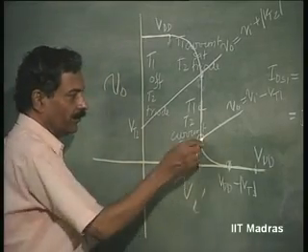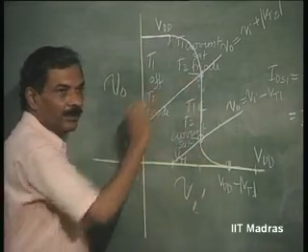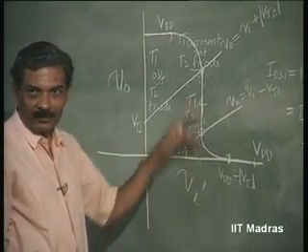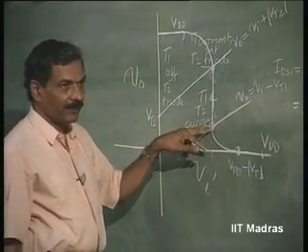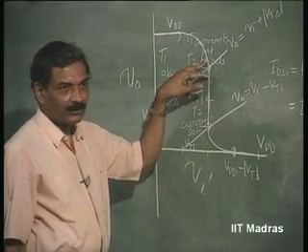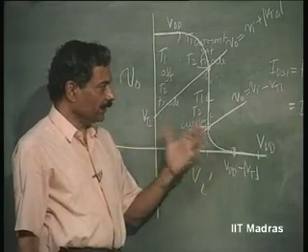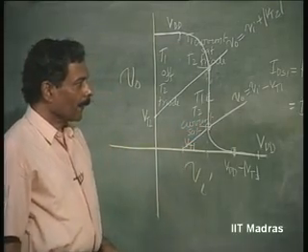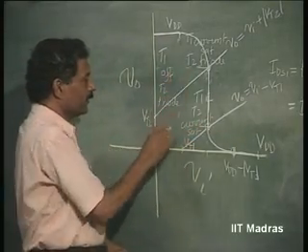Correspondingly, you can find out for this value of Vi what the V naughts are. From this you will get one value of V naught, and from this you will get another value of V naught. So, I would like you to complete this and obtain all the critical points in this.